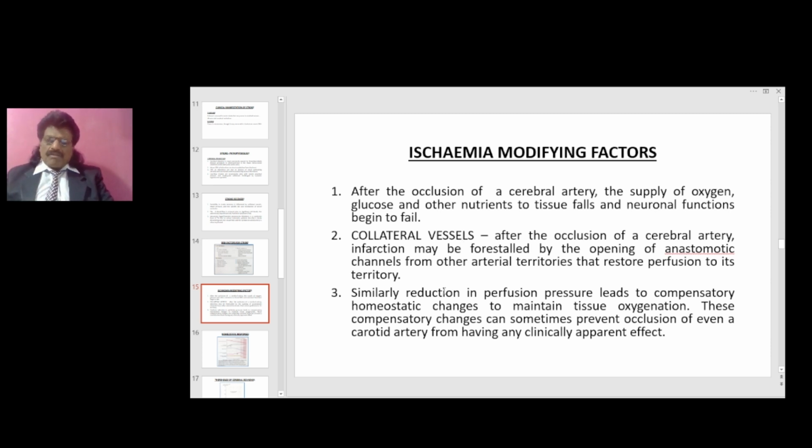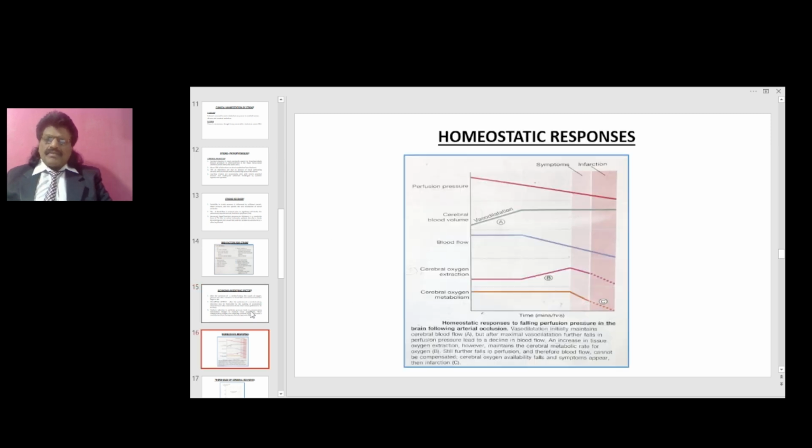Similarly, reduction in perfusion pressure leads to compensatory homeostatic changes to maintain tissue oxygenation. These compensatory changes can sometimes prevent occlusion of even a carotid artery from having any clinically apparent event. So what are they? Here you see the homeostatic responses.